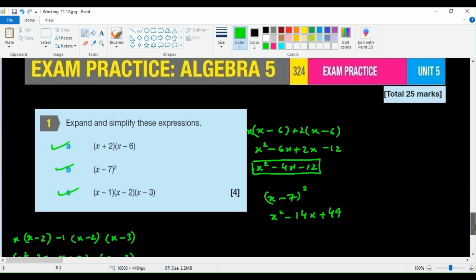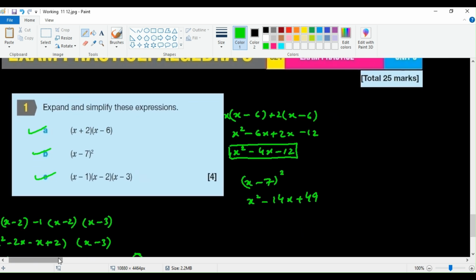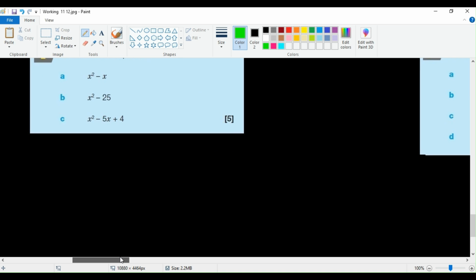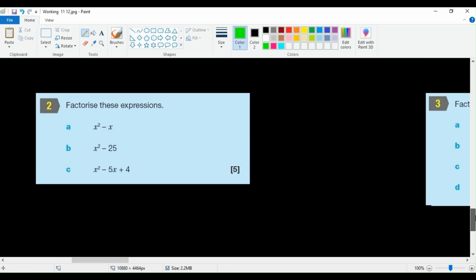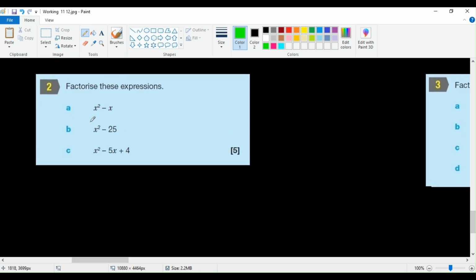Now moving on to second question, which is over here. As you can see, it's a pretty easy one. So in here, x and x minus 1. This is the final answer for this question. Now for the second one, it is x square minus 25. So you should write x square minus 5 square, and x plus 5 and x minus 5 is going to be the final answer.